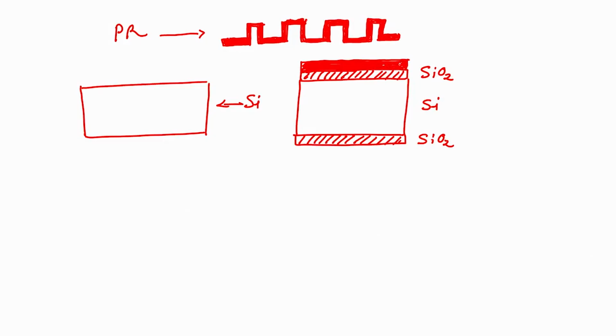First step is I take a silicon wafer, then of course, when I do not say that we are cleaning it, we have to assume we have cleaned it. Okay.